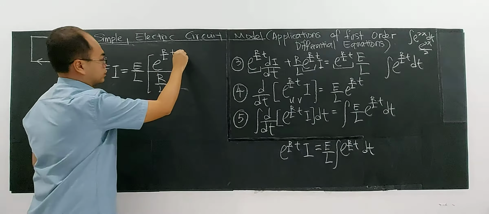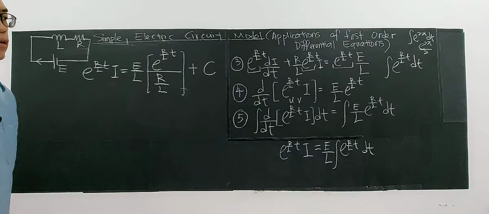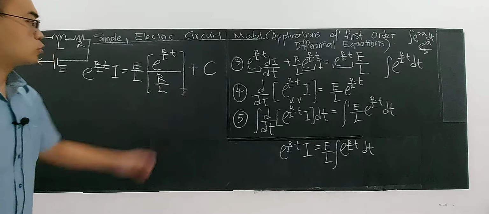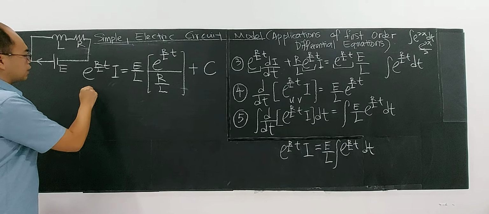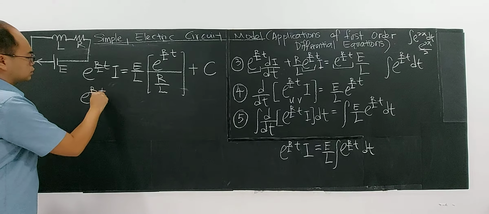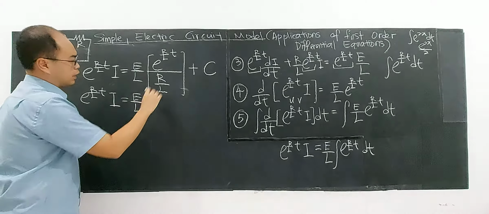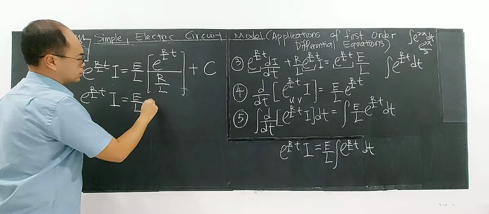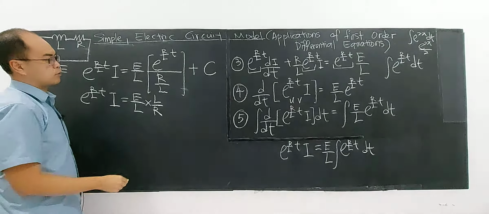Now add a constant C after you integrate. So this is a general solution. As you can see, e^(R/L t) i is the same as E/L, and this one when you go up it will become L/R, sorry.